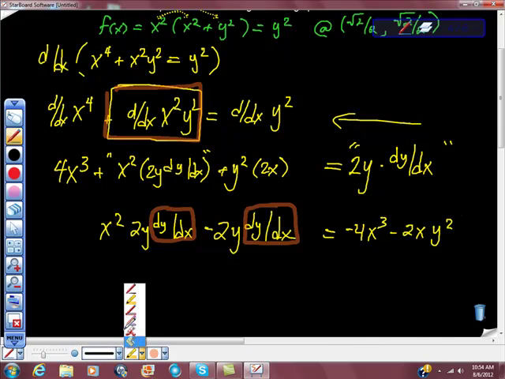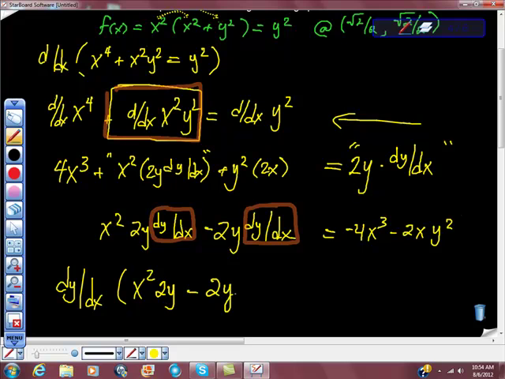I'm going to get a factor of dy dx times x squared 2y minus 2y, equal to, here I'm going to do a little bit of factoring, I'm going to factor out the 2x. So negative 2x times x squared minus y squared. Sure it is.